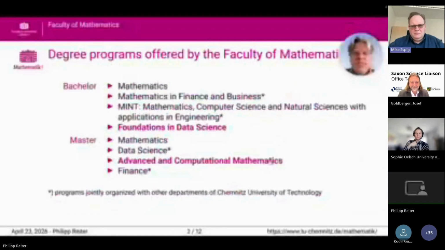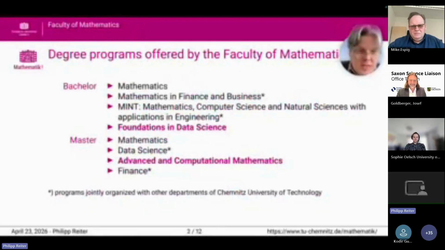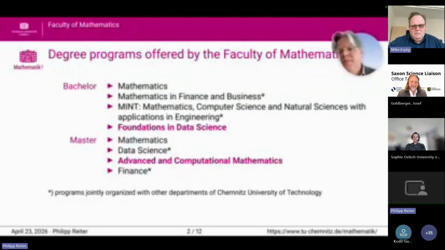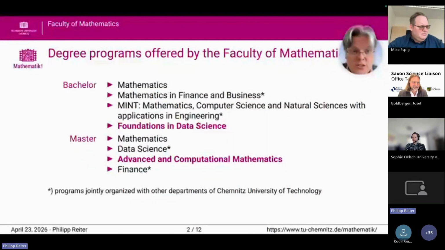So at the Faculty of Mathematics at Chemnitz University of Technology, we offer a number of bachelor and master degree programs. Partially those are jointly organized with other departments. In the field of bachelors, we have a program on mathematics in finance and business, but these are currently offered in German.